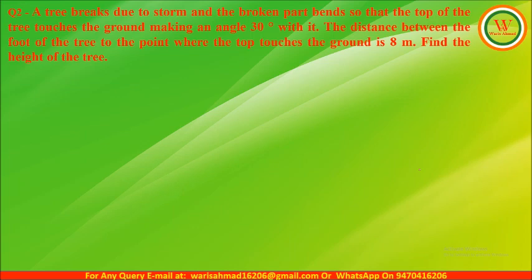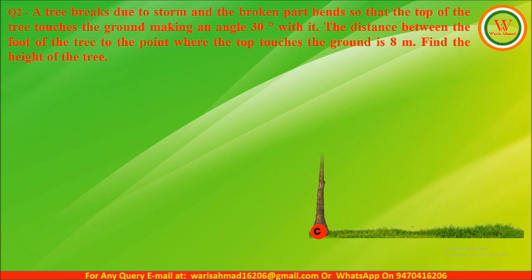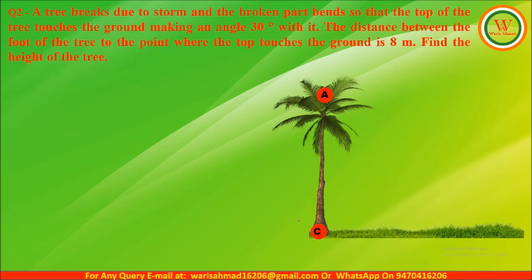As given in the question, a tree is standing on the ground. So we will draw a tree which is standing on the ground. So let us see, this is the ground on which there is a tree whose height is AC. Now, according to the question, due to the storm, this tree is bent.